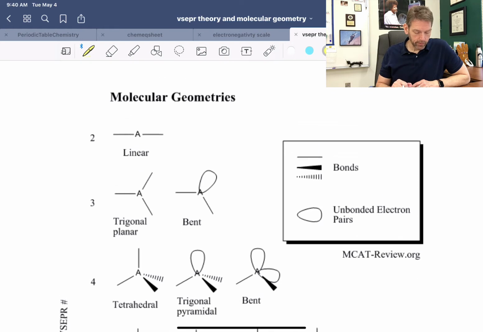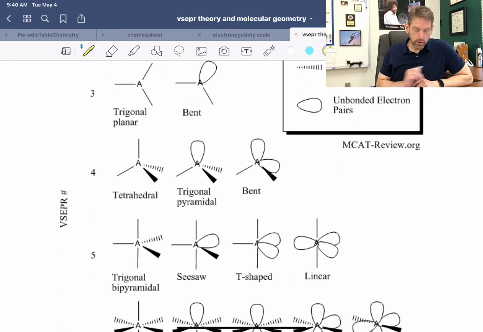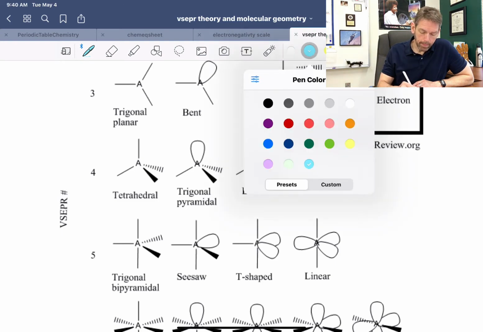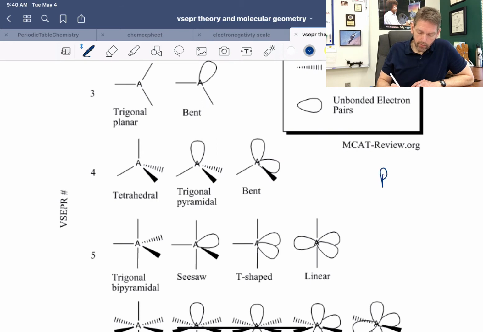So you can see here, there's the first 4 geometries with the 2, 3, and 4 domains. But we have 5 domains. So here you come down, and it's going to be one of these 4 right here. It's either going to be trigonal bipyramidal, seesaw, T-shaped, or linear. So we ask ourselves, what are we working with? Well, we are working with, I want to make this a darker color for you, phosphorus pentachloride.